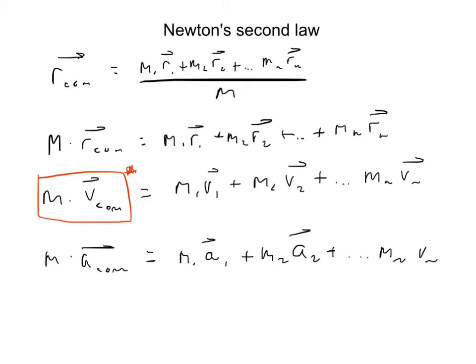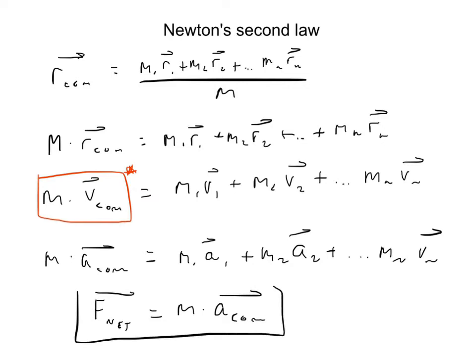And this should look very familiar. What we get here is that the net force on a system equals the mass times the acceleration of the center of mass. And this is a really important idea.